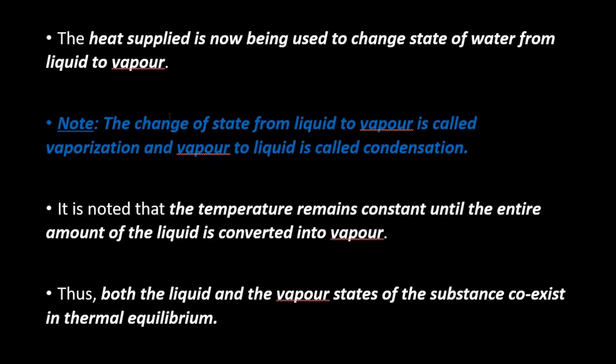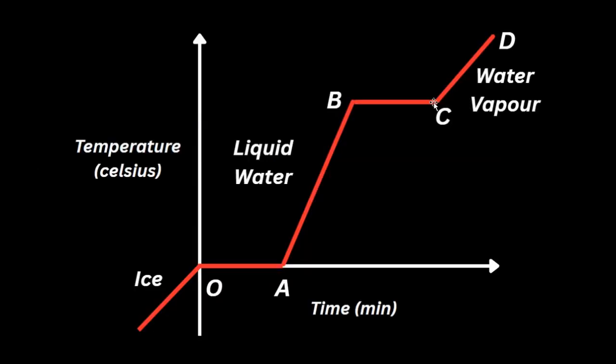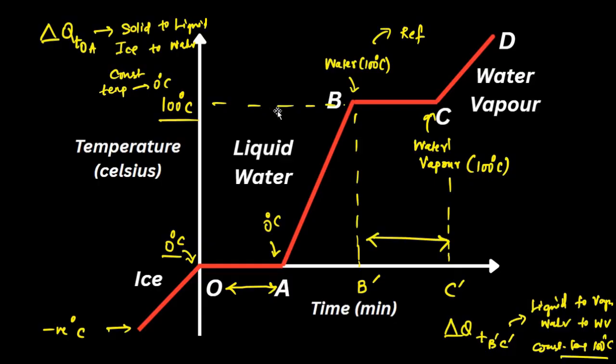Now this change of state from liquid to vapor is called vaporization, and if we do it in reverse, that is condensation, the same thing will happen. Until the entirety of vapor gets converted into water, the temperature will stay at 100 degrees Celsius. This whole thing is reversible. It will follow the same path.